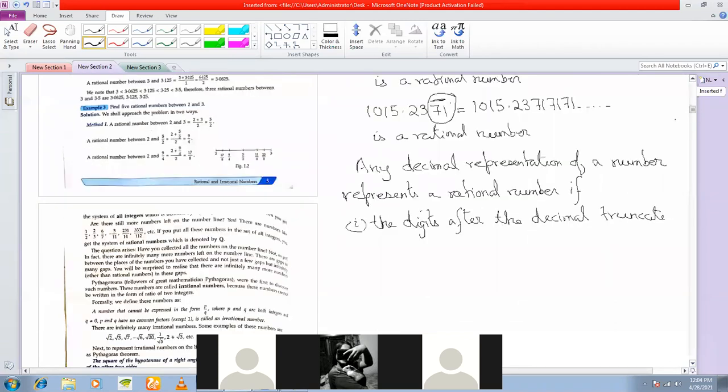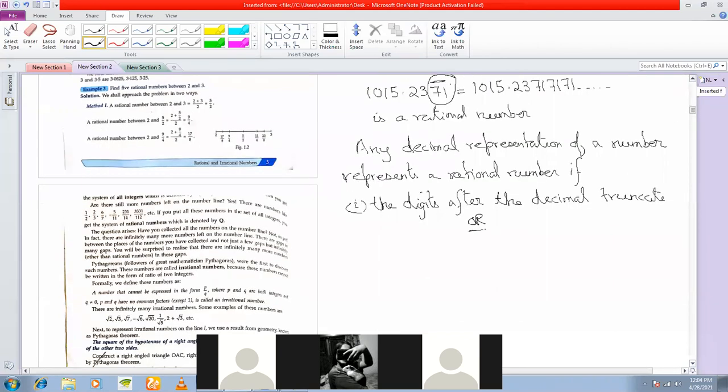Or, the digits at the end recur. Okay. So if you have a number whose decimal part truncates, or if you have a number whose decimal part recurs, then you can easily say that it is a rational number.